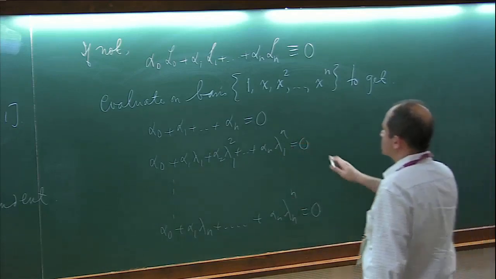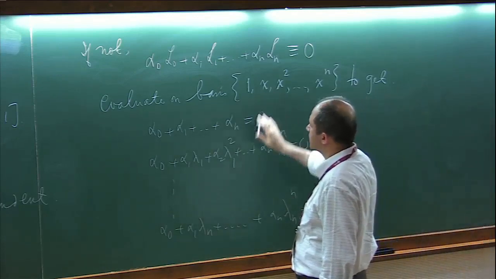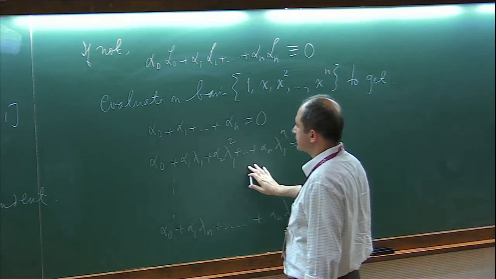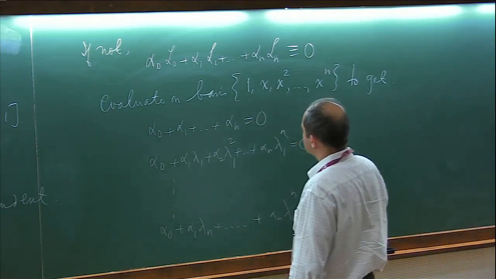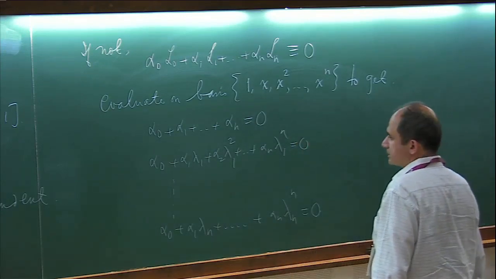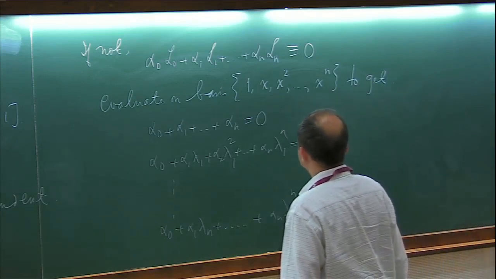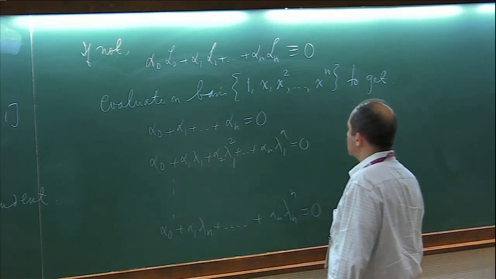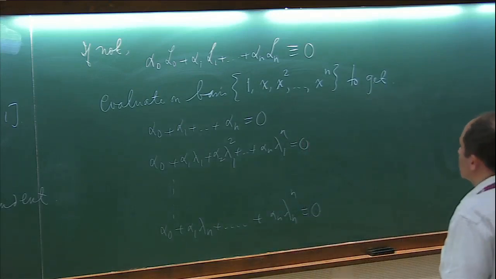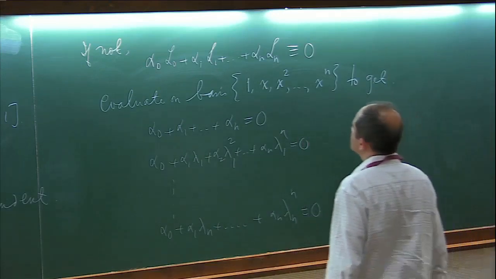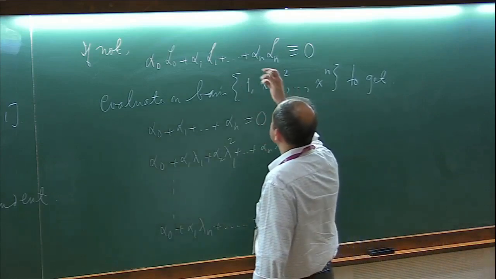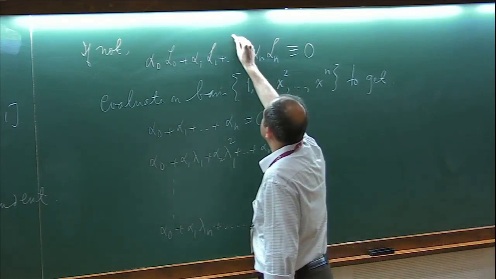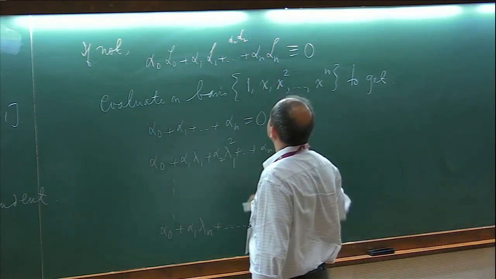So this is the second equation you're evaluating. Exactly. You're evaluating just the first power. Yes, alpha 1 under 1. Okay, so I have alpha 2, L2.